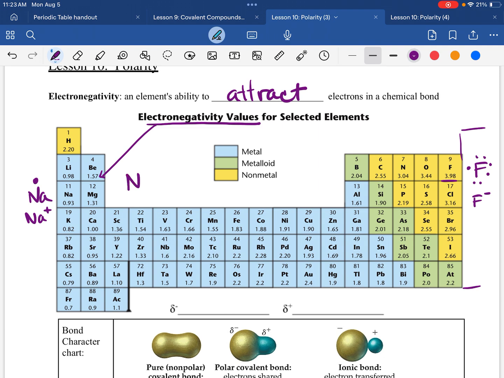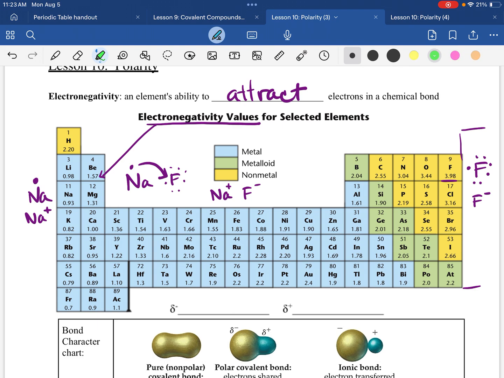And we know from our ionic compounds that when sodium and fluorine get together, sodium's 1 electron, fluorine's 7 electrons, sodium will give that electron to fluorine, thereby becoming positive. Fluorine will become negative.